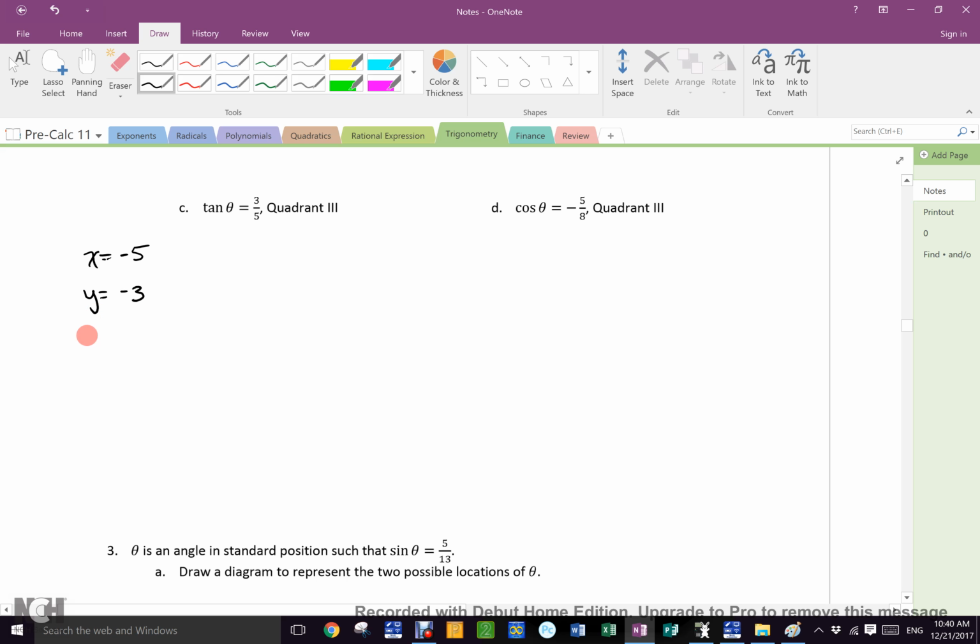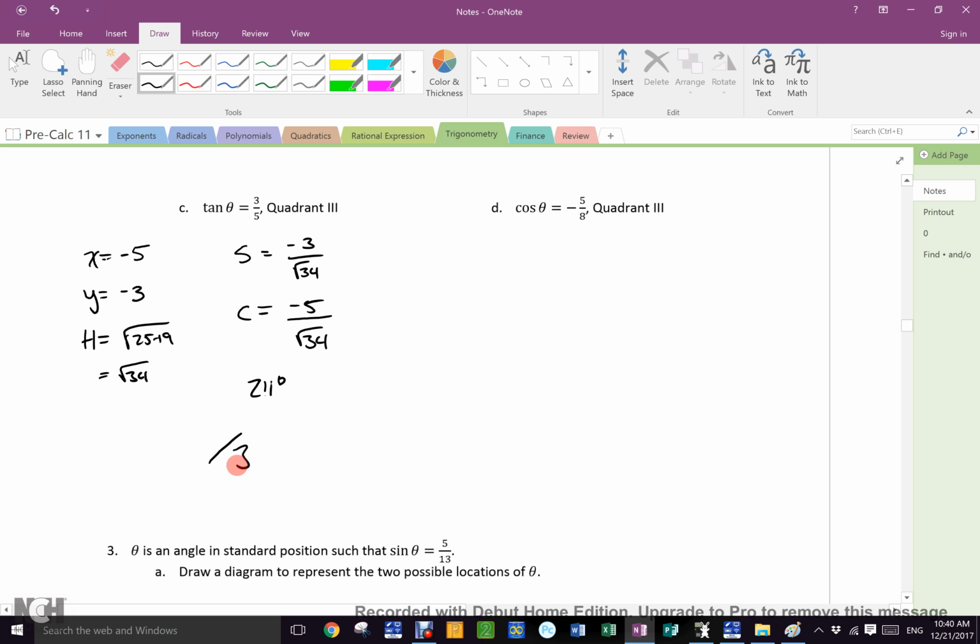So that means our hypotenuse is the square root of 25 plus 9, which equals the square root of 34. So sine equals -3 over root 34. Cos equals -5 over root 34. And theta is 211 degrees. Out of 3.